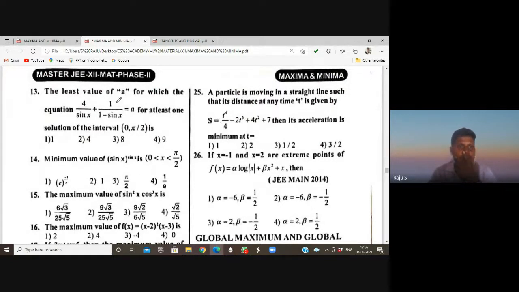So next, the least value of a for which the equation has at least one solution in the interval. Okay, at least one solution means find the a value. For that, differentiate this, take a value to the left side, minus a is equal to 0. So this function I'm taking as f of x.